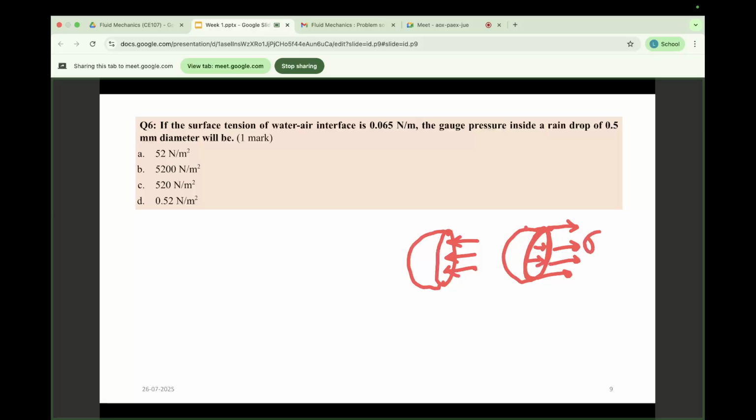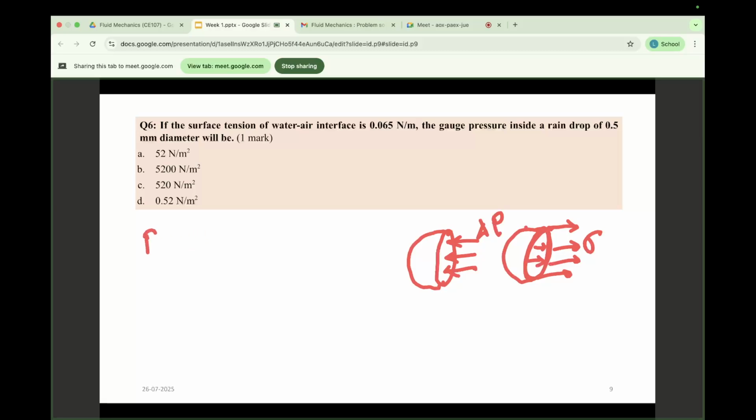Let us consider the surface tension as sigma and the gauge pressure inside as del P. Since these two have to balance each other, else the droplet will not be able to maintain its shape.